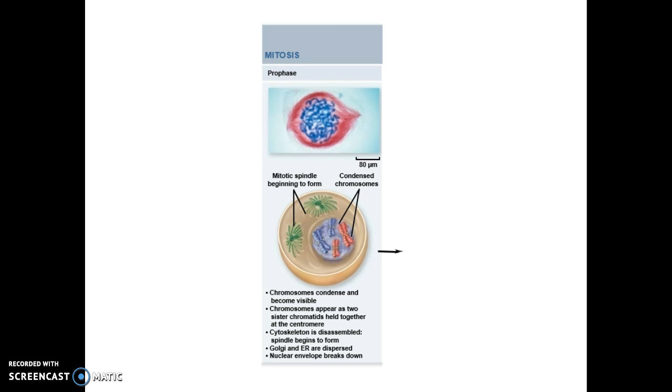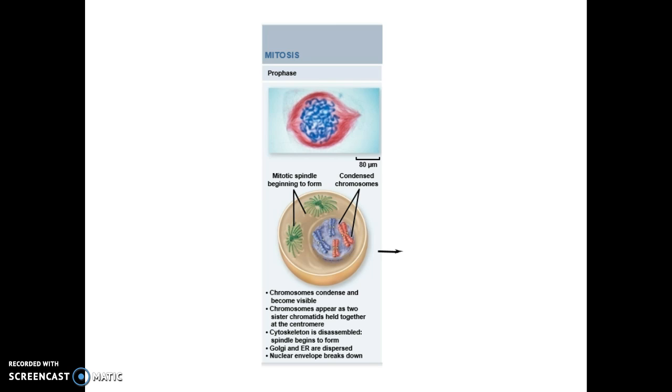The nuclear envelope starts to break down. These little structures called centrioles, those little green star-like things there, they're also called asters. Those are protein-based structures. They will get assembled and built during prophase as the nuclear envelope's disintegrating and breaking down.